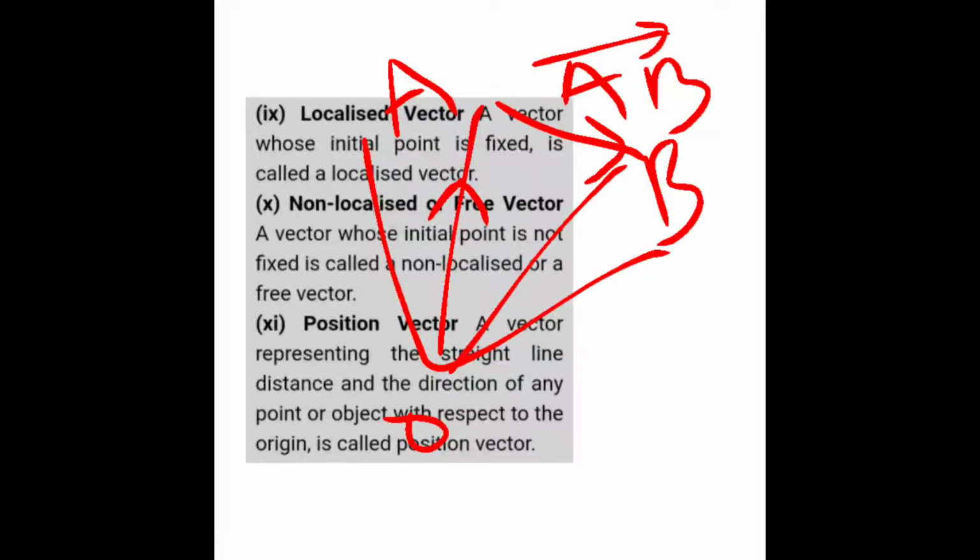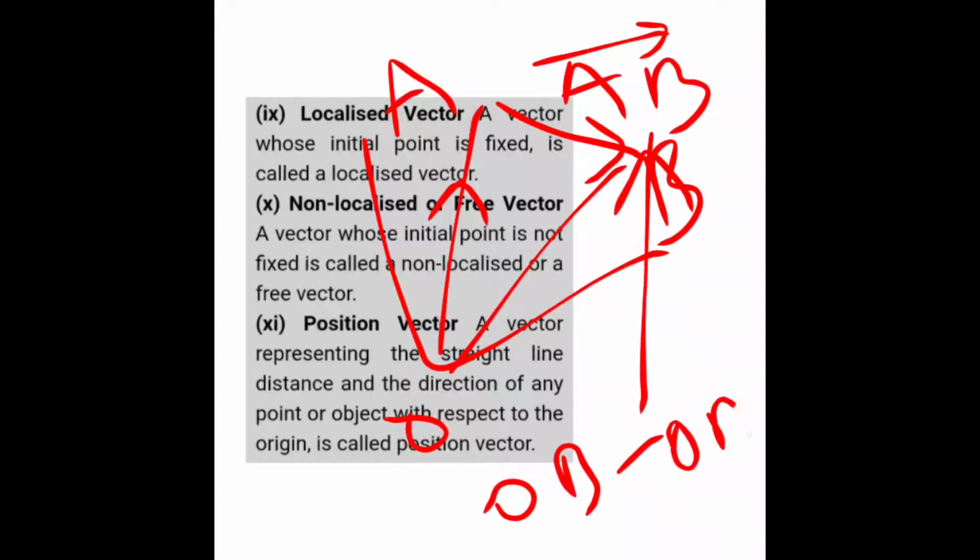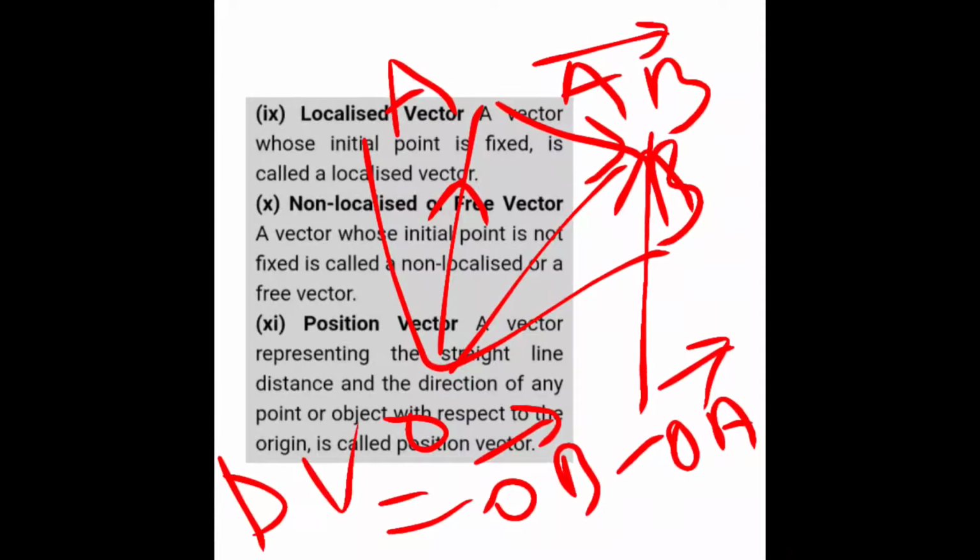After finding them, we find the distance from A to B, which is OB minus OA. This is how we denote it: AB equals OB minus OA. The vector sign must be there. So the displacement vector equals OB minus OA, or it can also be written as the AB vector.